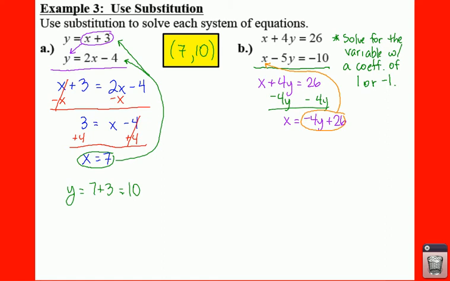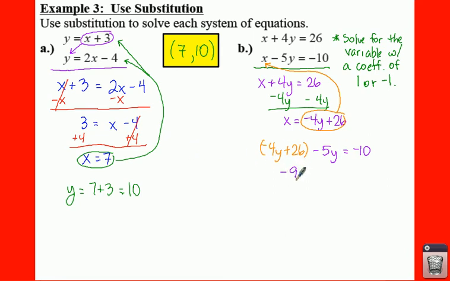So let's plug that in. We take out this x and plug in the negative 4y plus 26 in x's place, and then you have minus 5y equals negative 10. What we've done is simplify this down to one equation and only one value we don't know. So you can just simplify.